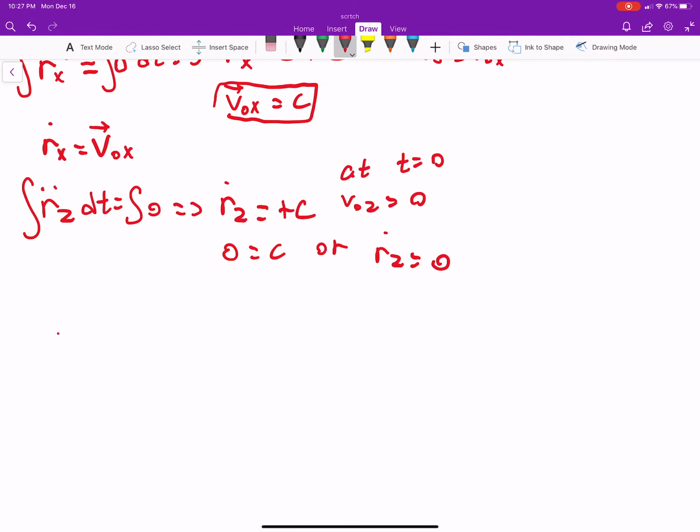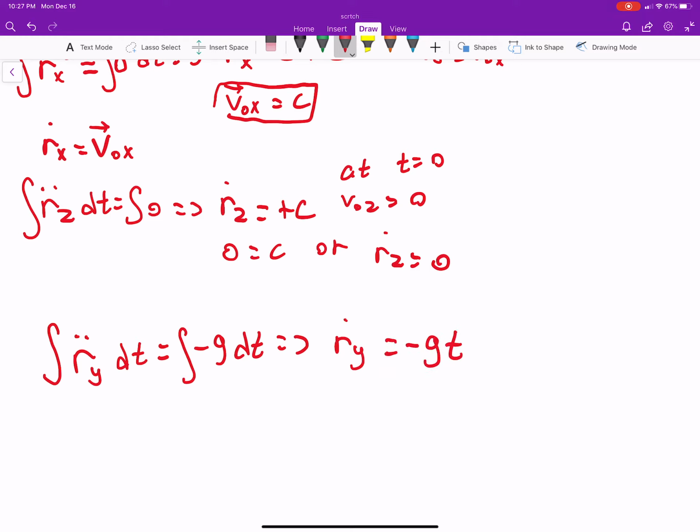And then the last one, if we look in the y direction, this isn't too bad. We get r dot y is equal to minus gt plus c. Now, at t equals 0, v naught y is equal to 0.